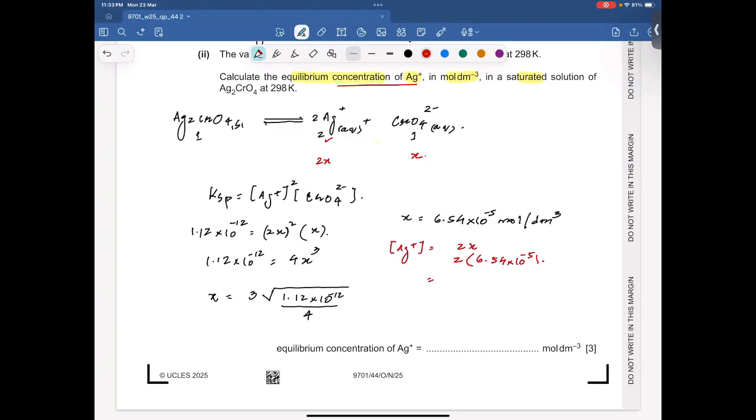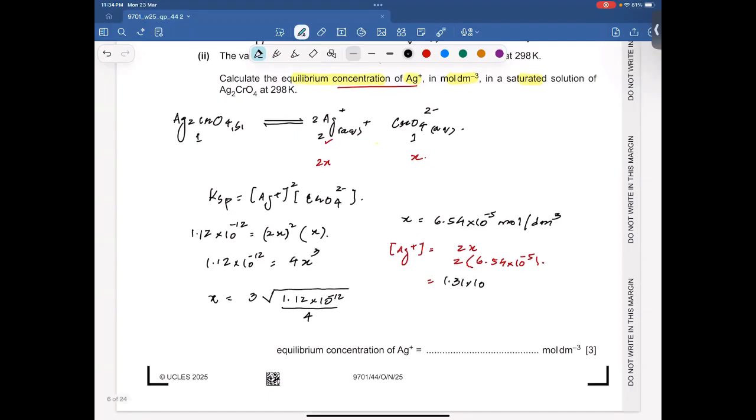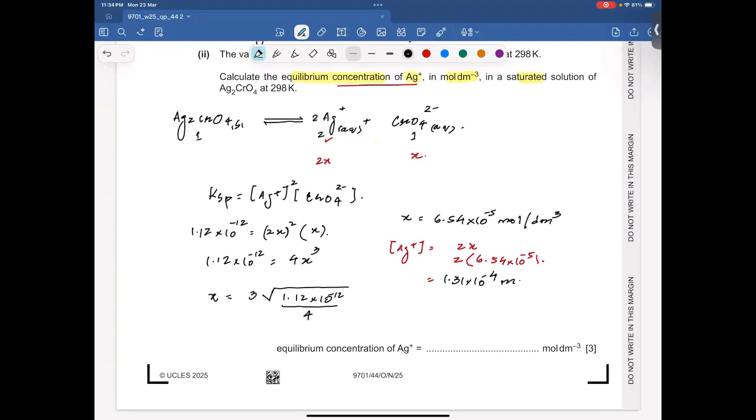So it must be how much? 1.31 into 10 to the power minus 4 mole per dm cube. So that's the answer. 1.31 into 10 to the power minus 4 mole per dm cube.